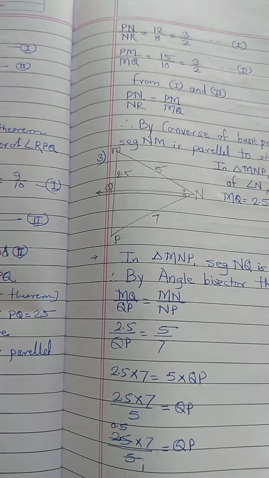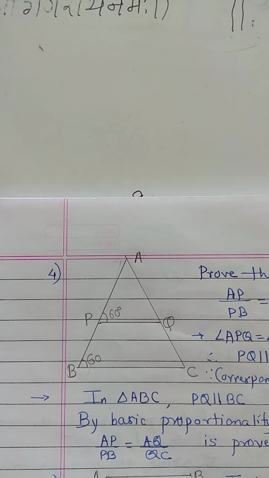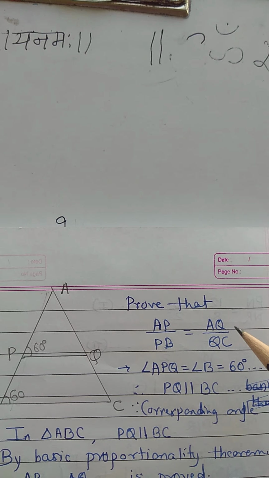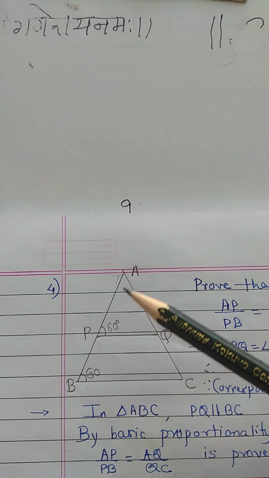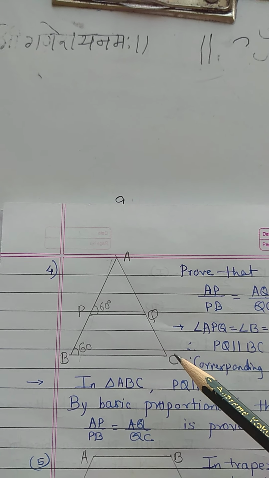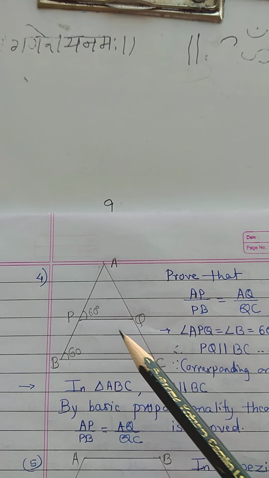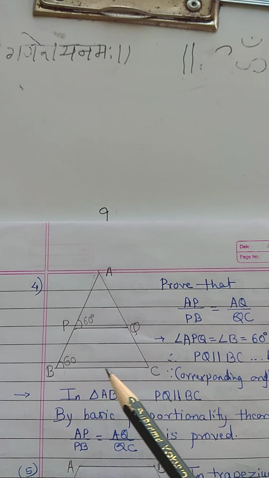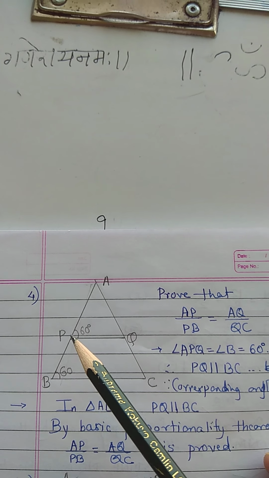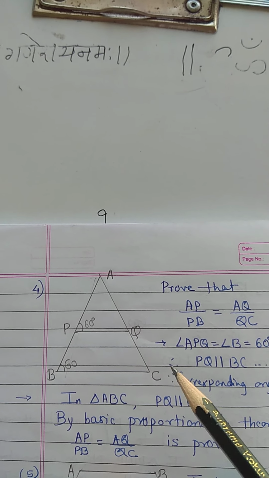Next question is question number 4. We want to prove that AP upon PB is equal to AQ upon QC. AP upon PB will be equal to AQ upon QC if and only if PQ is parallel to BC. But PQ parallel to BC is not given. Then we will try to show that PQ is parallel to BC.